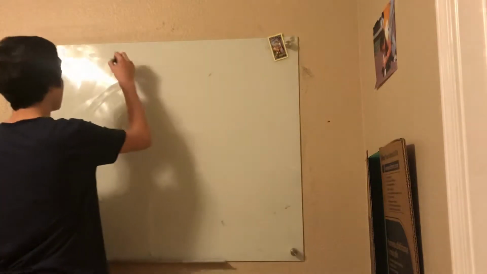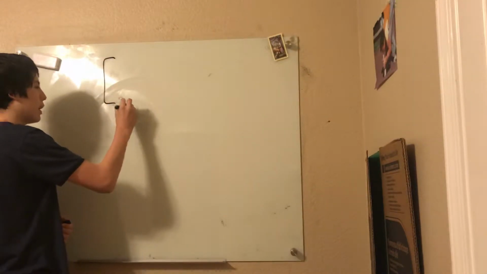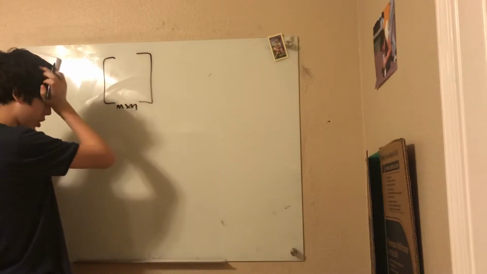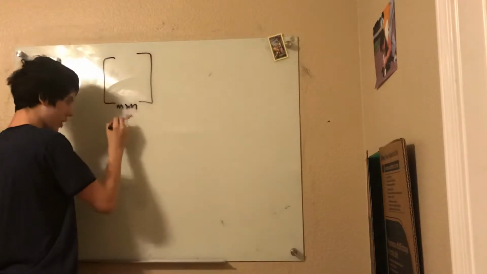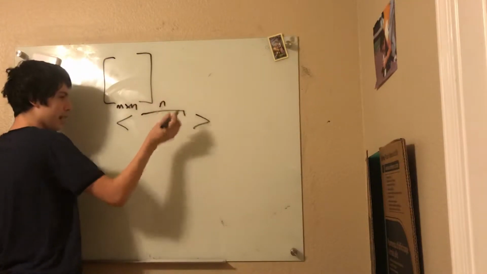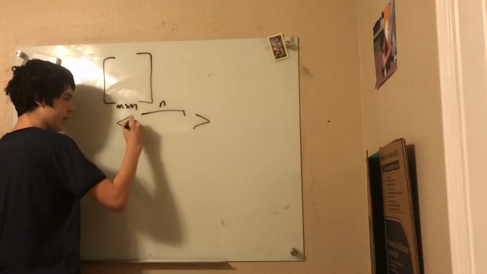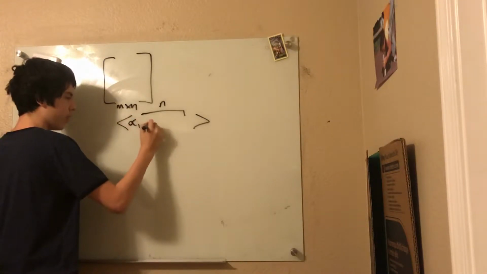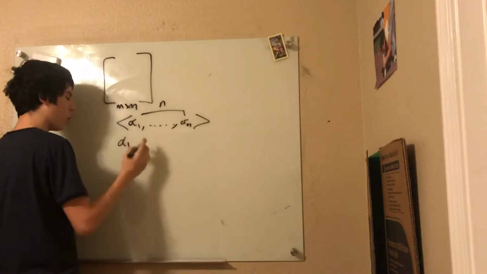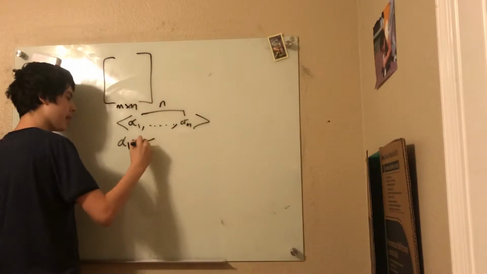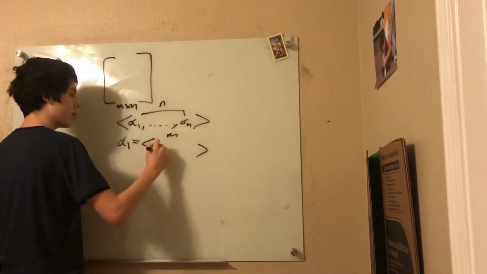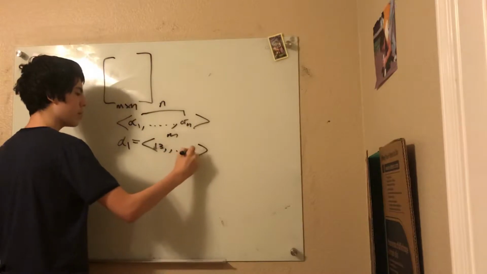First of all, how do we define an n by n matrix? Usually mathematicians identify it as a vector of vectors, right? So there are n components in this vector, containing vectors alpha 1 through alpha n, and alpha 1 can be represented as an m-length vector, b1 all the way to bn.